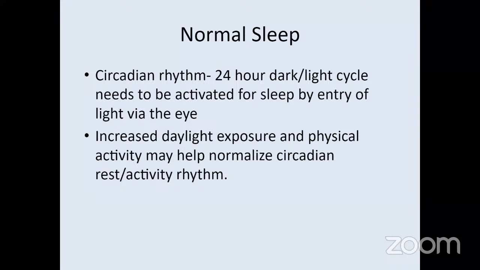So the light-dark cycle is very important in the normal physiology of sleep, and that's why it's advised that the room should be dark. This will help with better sleep. Increased daylight exposure and physical activity may help normalize circadian rhythm and the circadian rest activity rhythm.